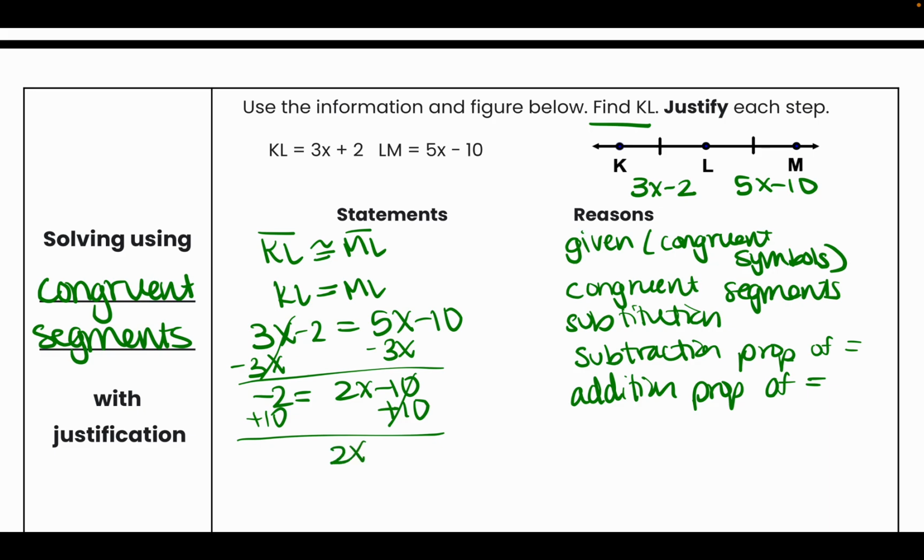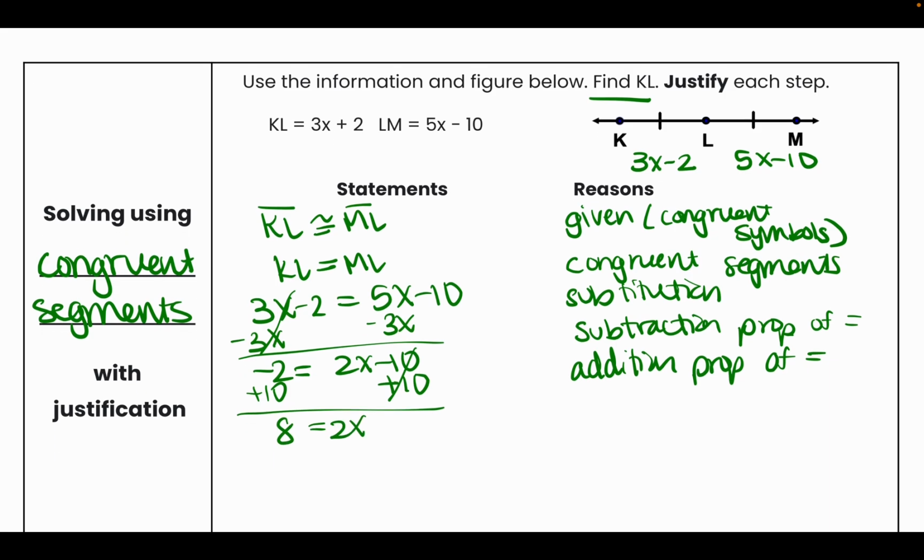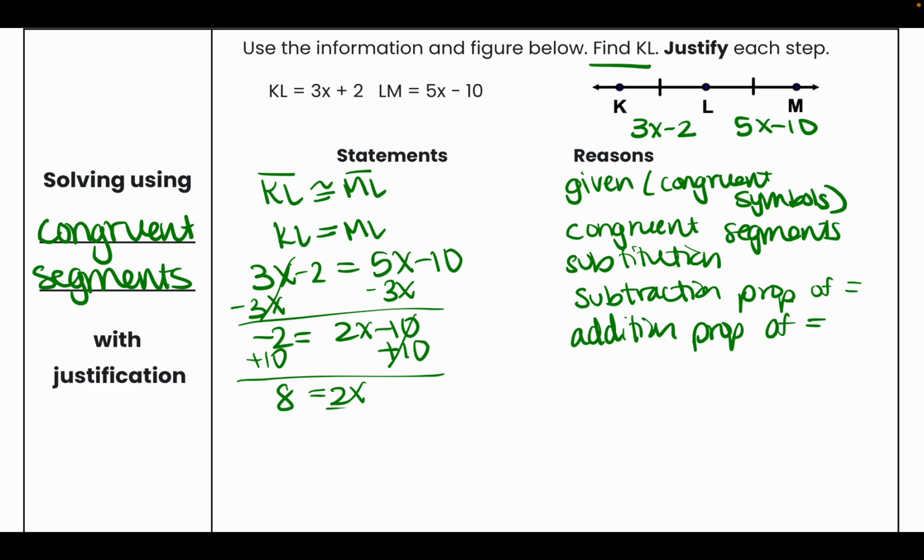So we get 2x equals 8. Now we're going to divide both sides by 2. That's our division property of equality. What you do to one side, you do to the other. So we get that x is equal to 4.